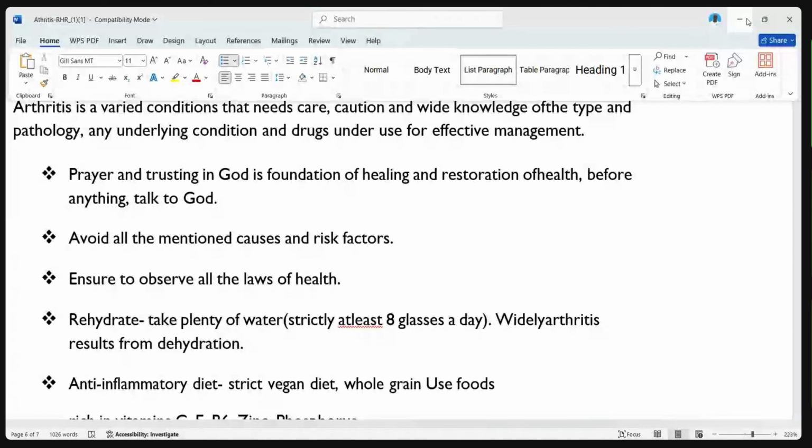So thank you so much. Avoid animal products. Avoiding animal products, and for you to actually fasten the treatment, just avoid them completely during the time of treatment.